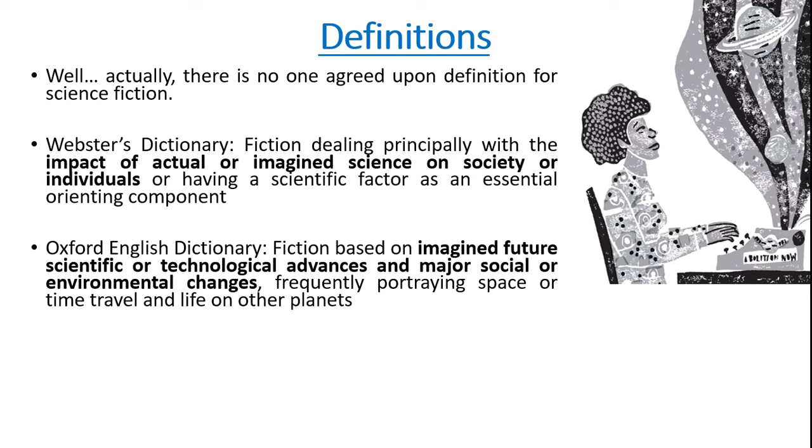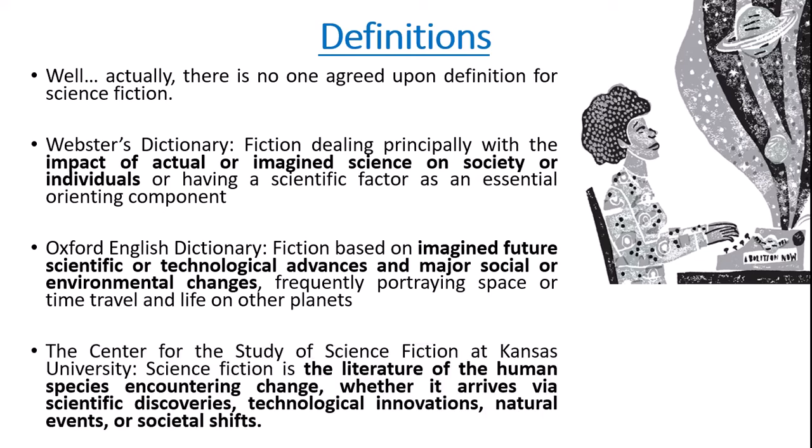But I think the first part of this definition, again, scientific, technological advances, and major social or sometimes environmental changes. So not just the future of science, but really the future of mankind, the future of this planet, how all of those components kind of work together.